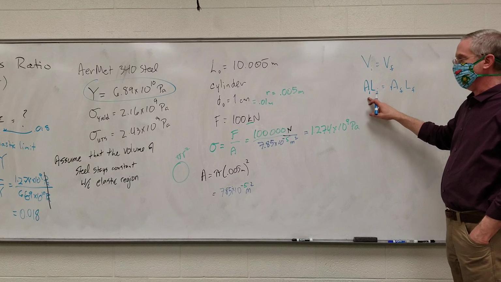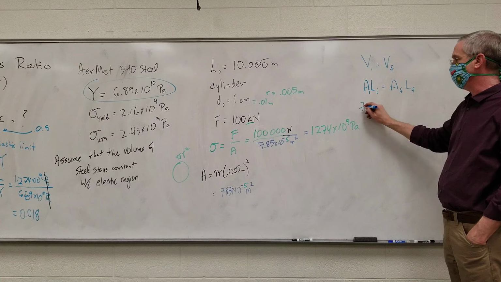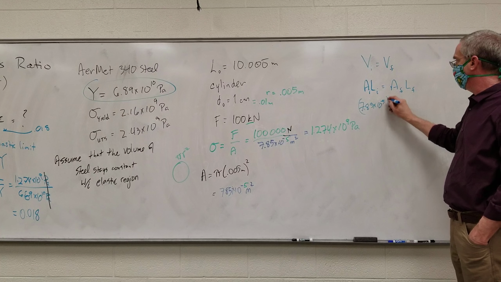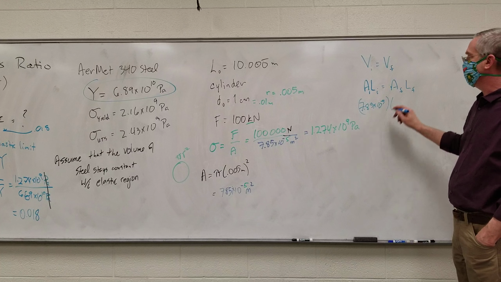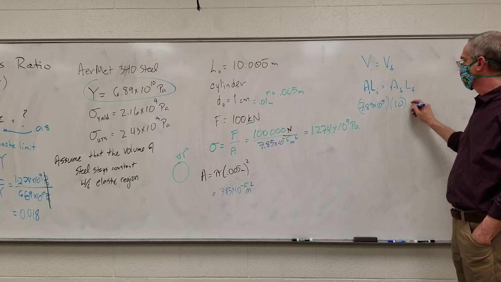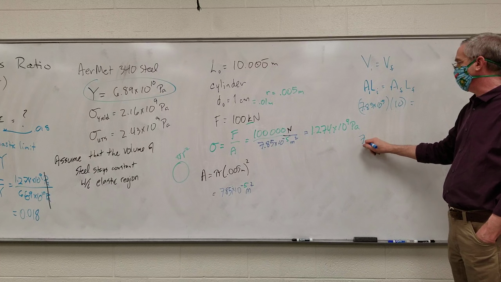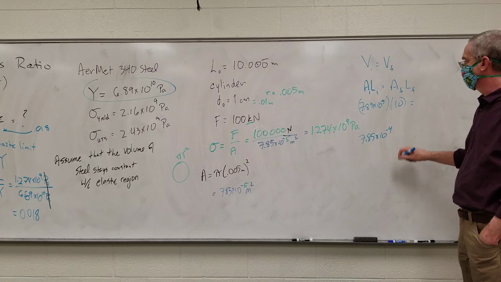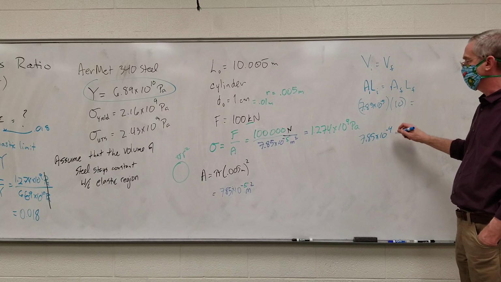My initial area was 7.85 times 10 to the negative 5th, times my initial length, which was 10. So that becomes 7.85 times 10 to the negative 4th cubic meters.